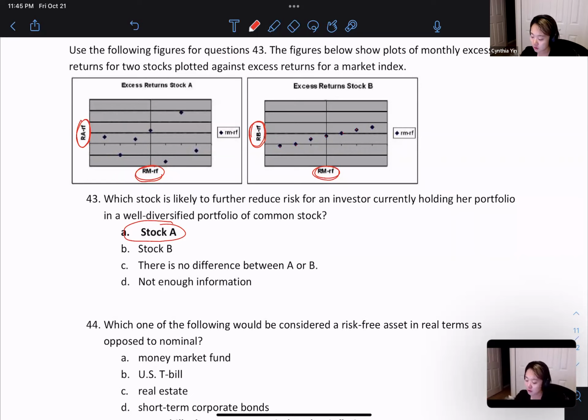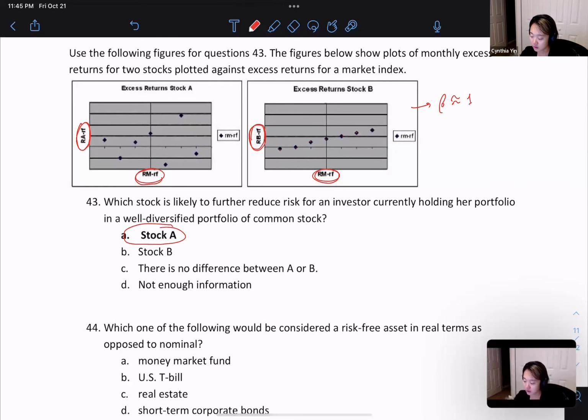So I'm pretty sure this stock B might have beta very close to 1, or actually beta is irrelevant here. The thing is in 43, B is almost perfectly correlated with the market, and the investor already holds a well-diversified portfolio. A well-diversified portfolio means it already tries to include as many stocks as possible.